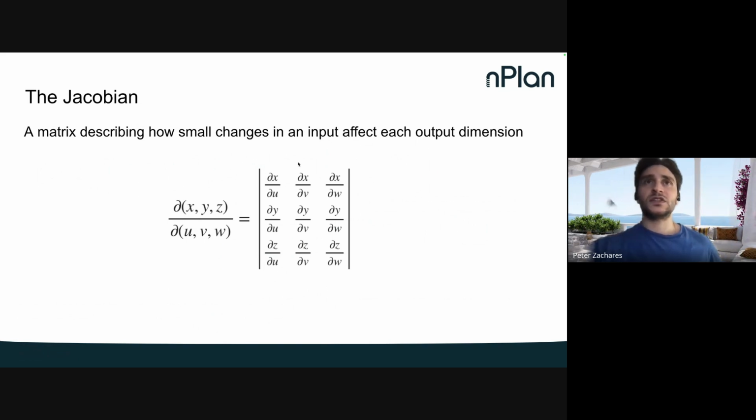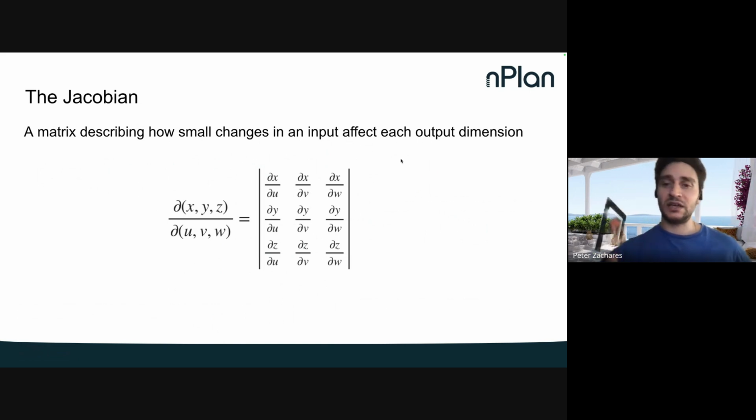I hope this equation here makes that clear. Basically it describes how small changes in an input dimension can affect an output dimension at a given point.